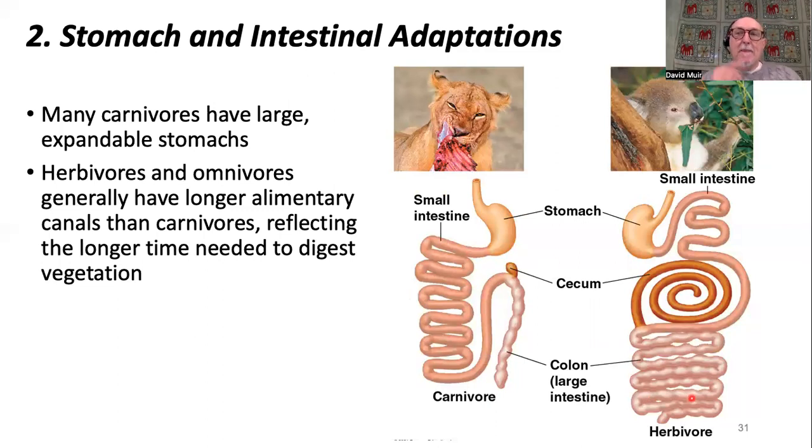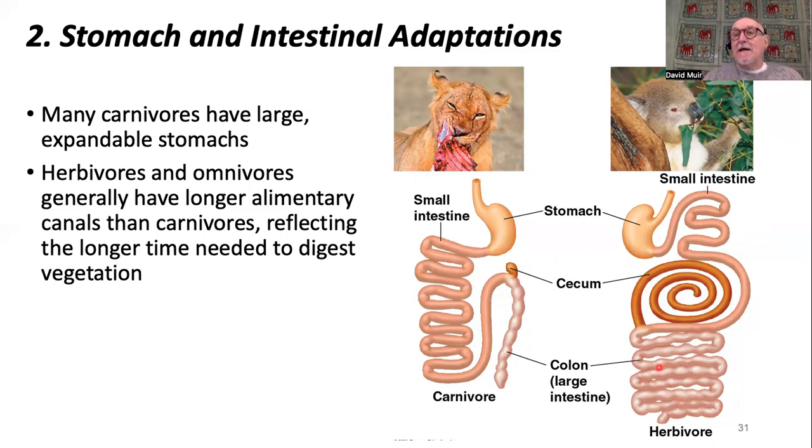But in many herbivores, first of all, the colon is extremely large, and the cecum is very large as well. Those elaborations are so that the herbivore can maintain colonies of bacteria, especially, and other microorganisms, which can digest the cellulose.